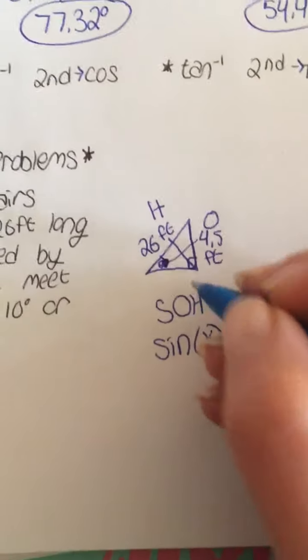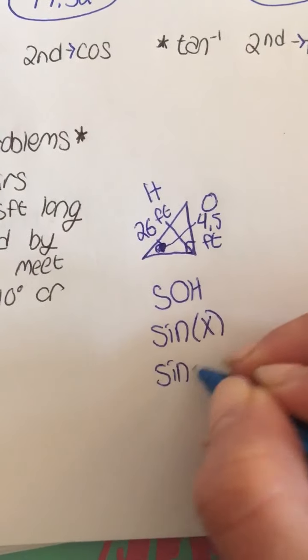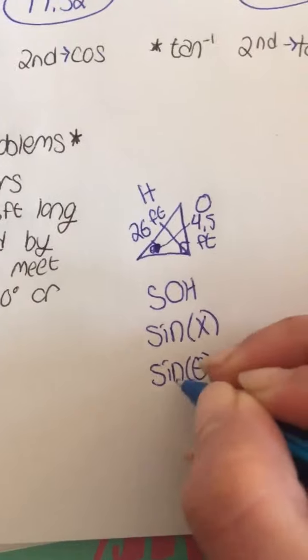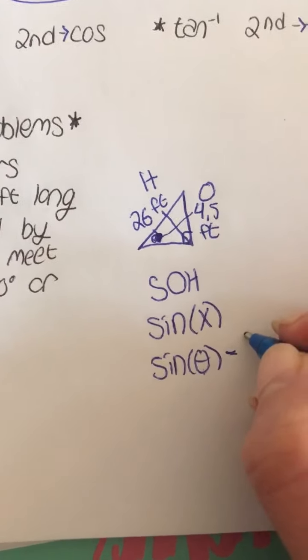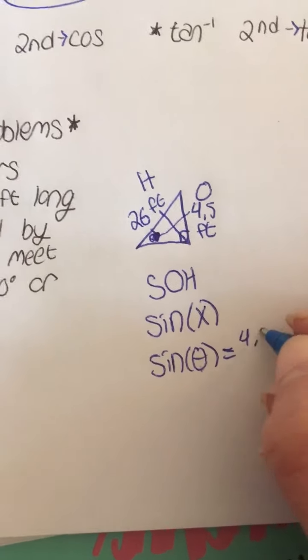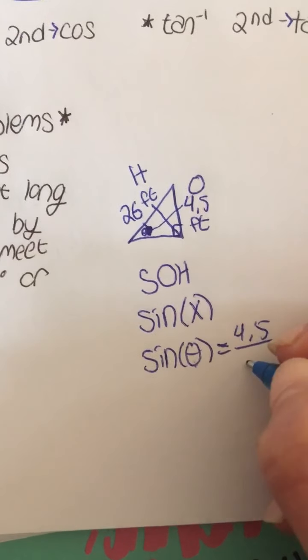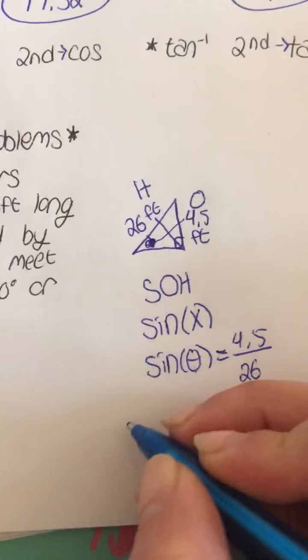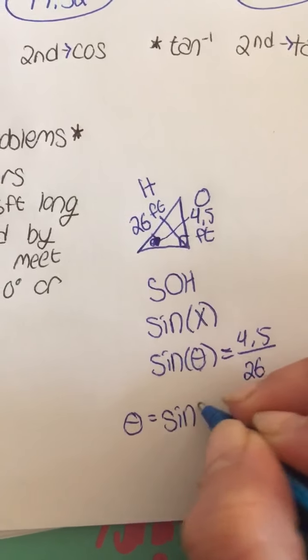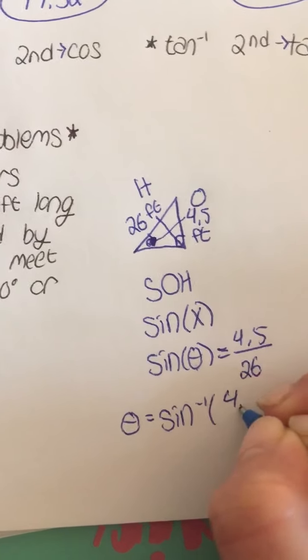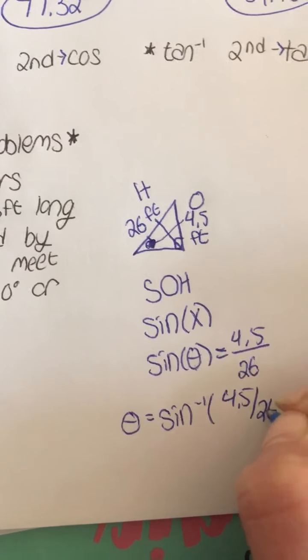You also might see this symbol, theta, stands for angle. So I'm just going to write it like that in case you see it like that. And then it's opposite 4.5 over hypotenuse 26. And then to solve for the angle, you're taking the sine inverse of 4.5 over 26.